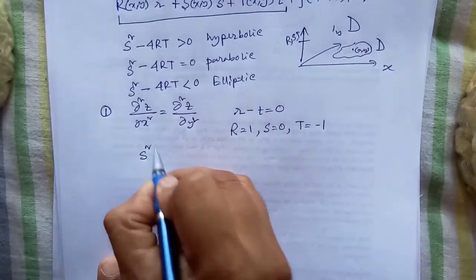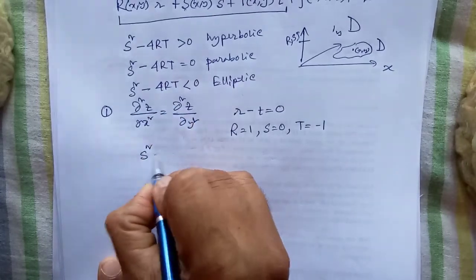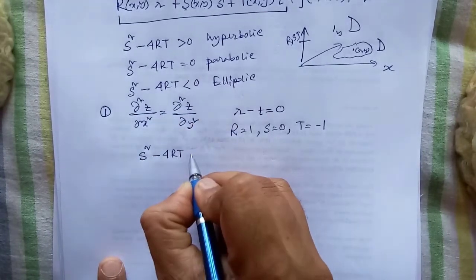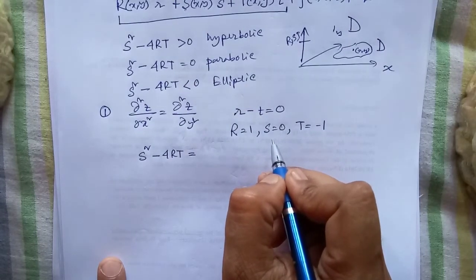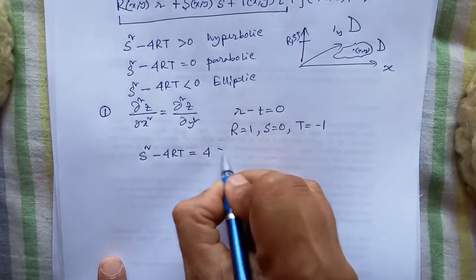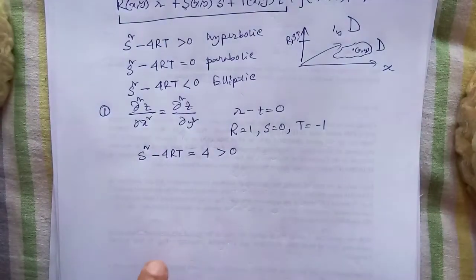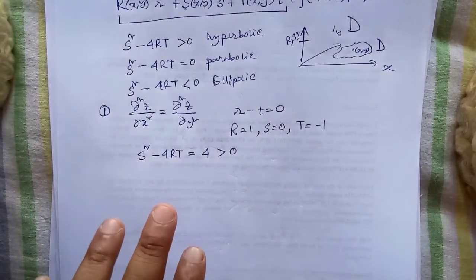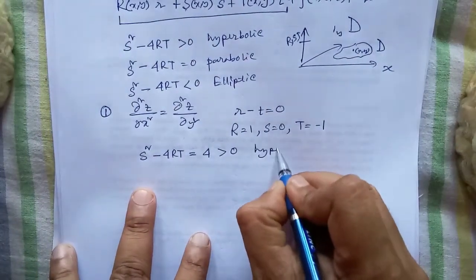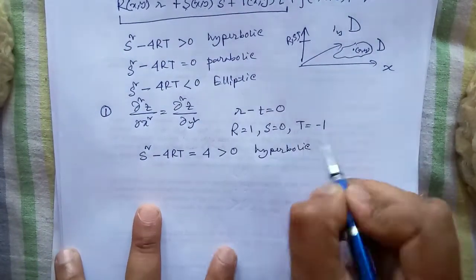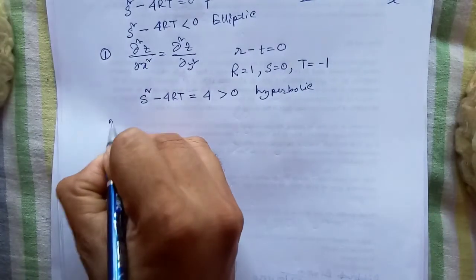So what is the value of the discriminant s square minus 4rt? It is 0 minus 4 into 1 into minus 1, that is 4, and that is greater than 0. So for every x, y of your domain, this will be positive. So this is hyperbolic for the whole domain.